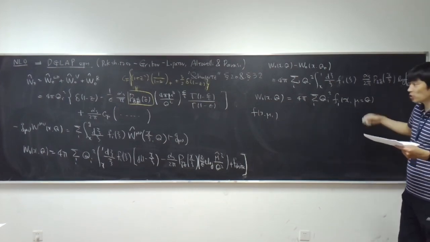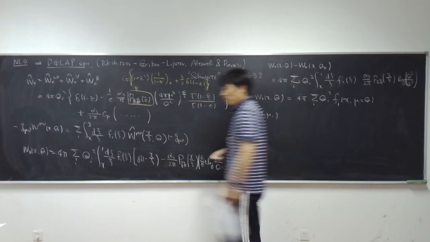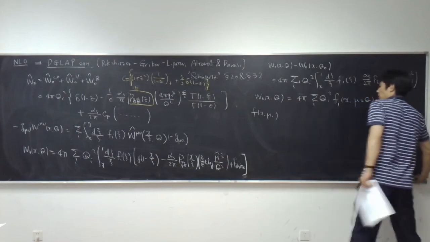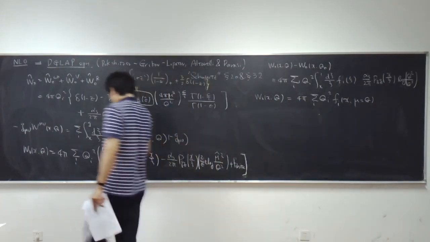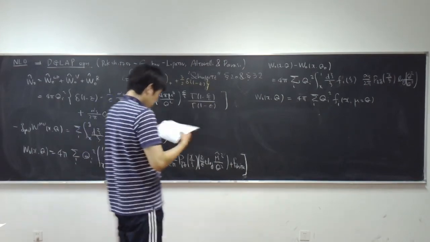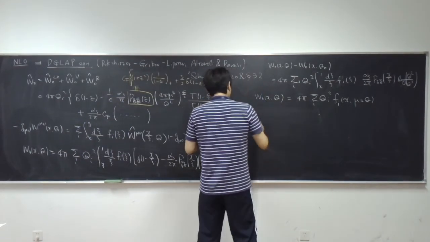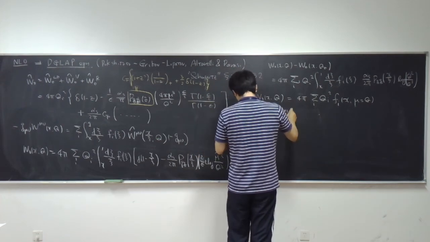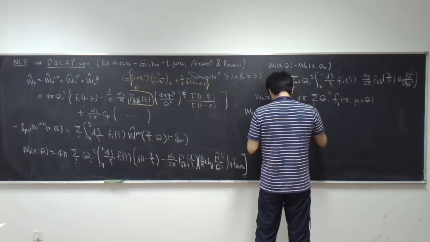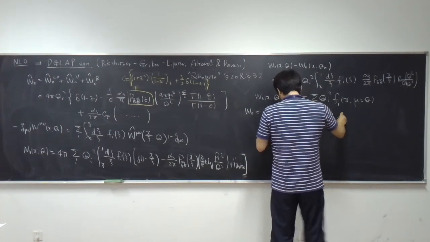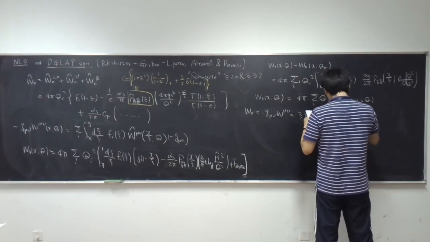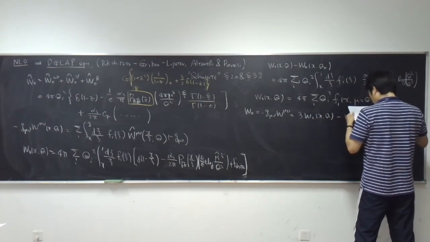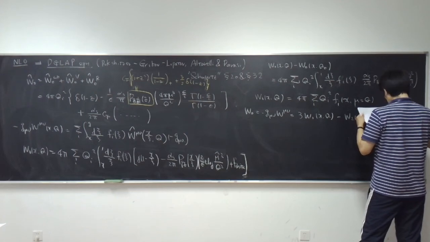Maybe I should show that at the tree level. I think I skipped one step, so let me show this one first. W0 is minus g^{mu nu} W_{mu nu}, and this is equal to 3 W1(x,Q) minus W2(x,Q) times (M_P squared plus Q squared over 4x squared).